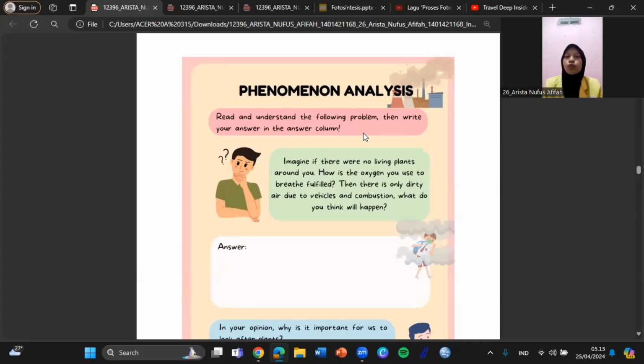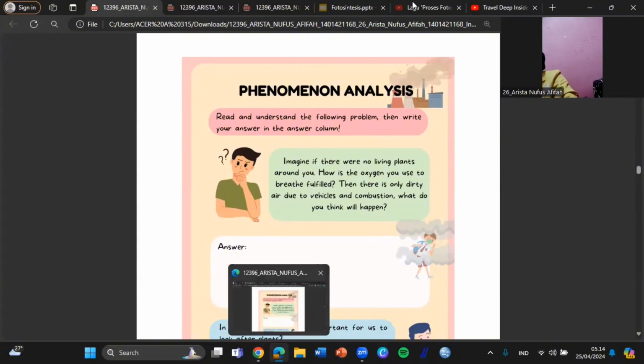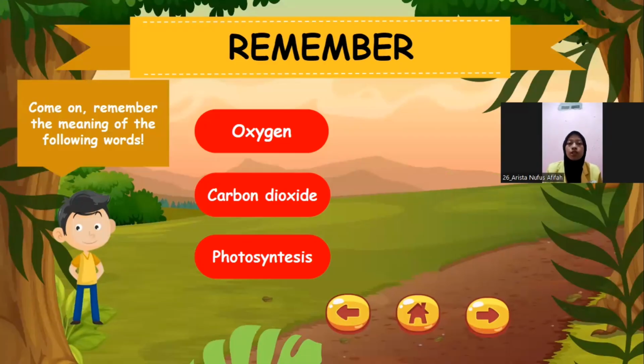Thank you Group 1 for presenting the result of your discussion. Let's see the answer from Group 1. The process of photosynthesis begins with sunlight, which is absorbed by chlorophyll.